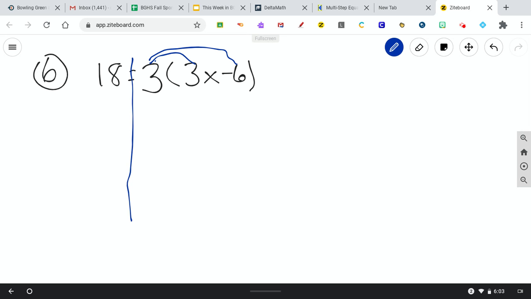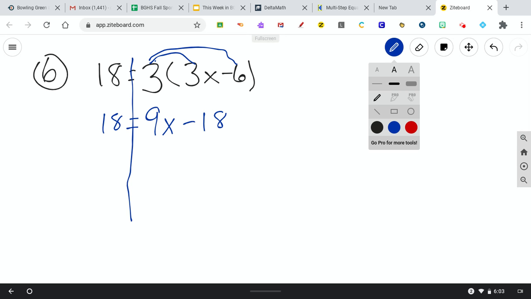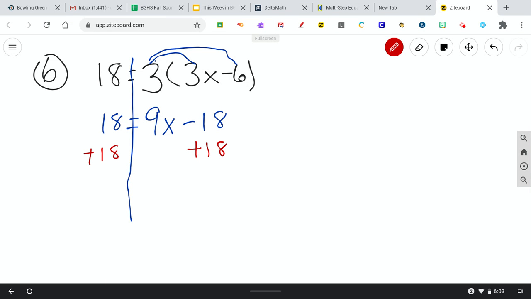So 3 times 3 is 9. So I have 9x. And then 3 times 6 is negative 18, because that minus there takes that. And I bring my 18 down. So now, as you know, add 18. Add 18.